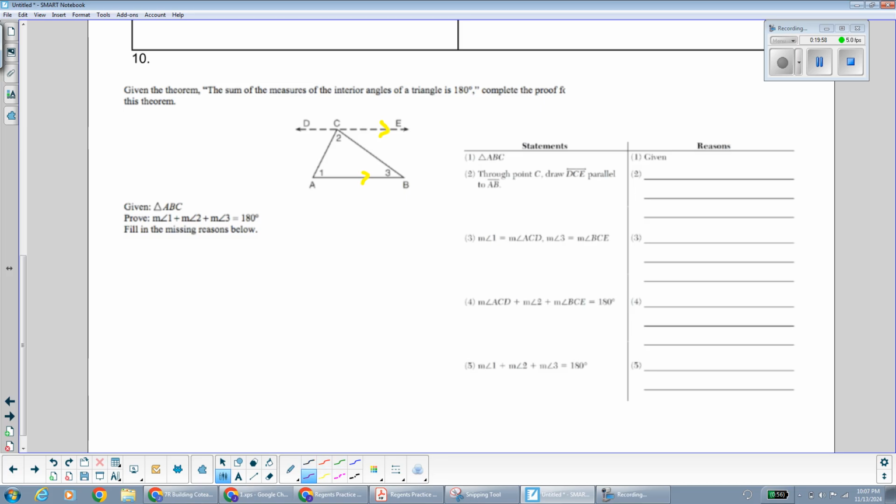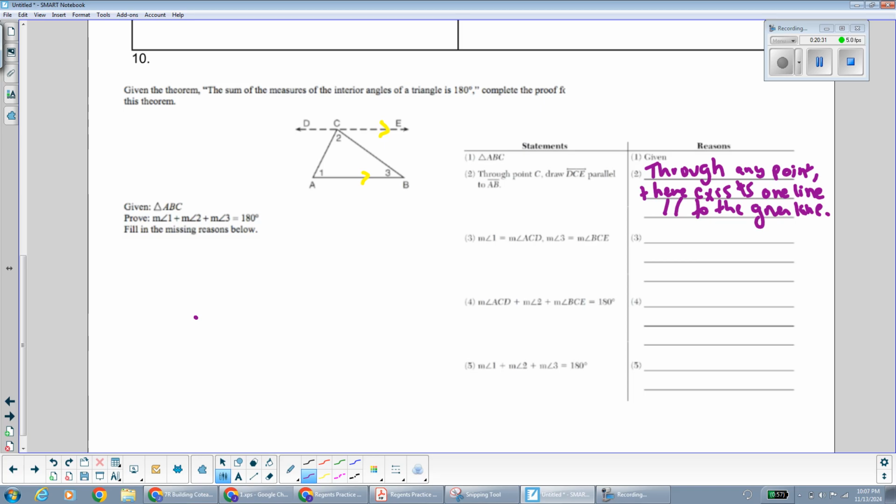And I'm going to put here: through any point, there exists one line parallel to the given line.